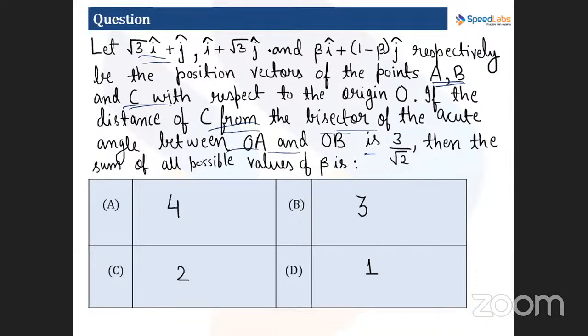We'll find beta afterwards, but first let's try to plot these points on the graph. Why am I trying to plot? Because these root 3 and root 3 in these vectors are compelling me to do that.